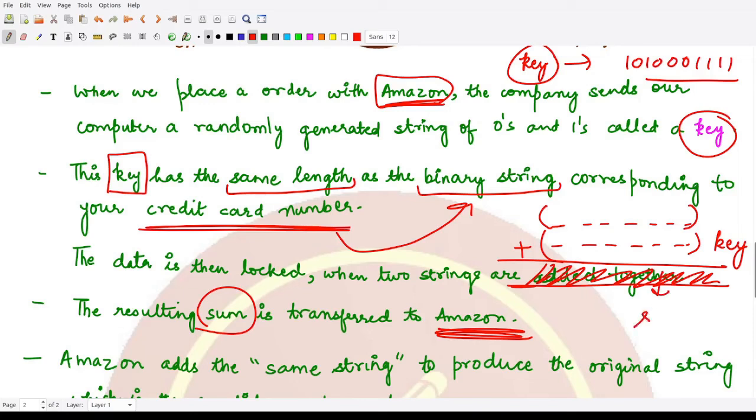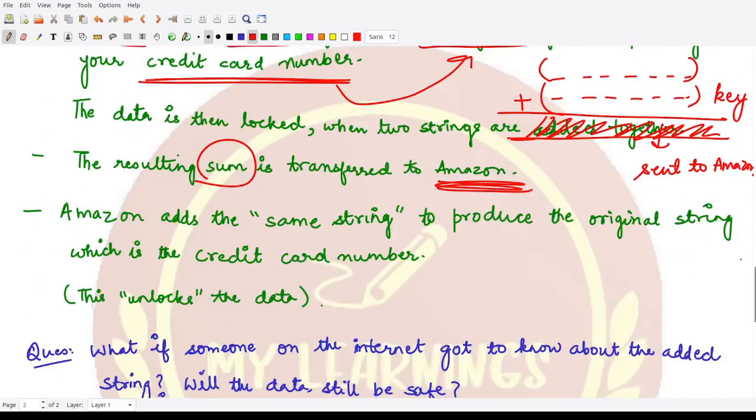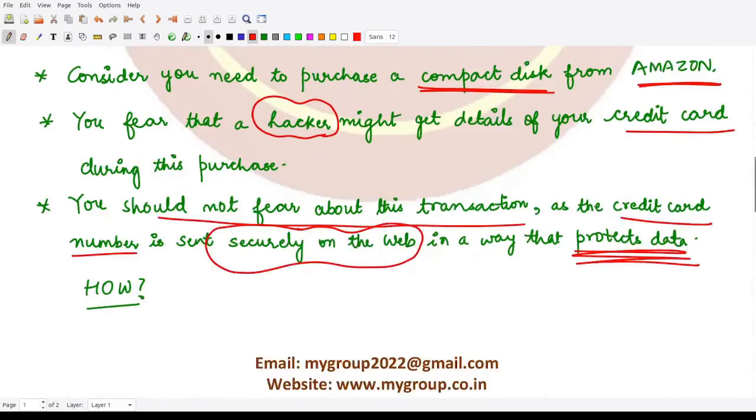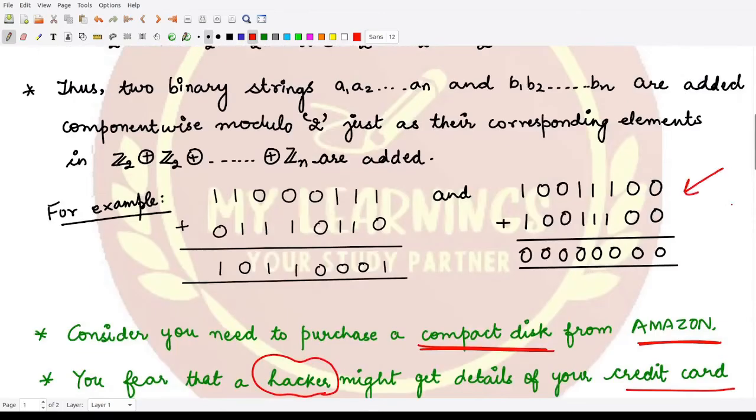that is sent to Amazon. So how does Amazon get back the original number? The original binary number is obtained when they add the same key to this answer, because when the same thing is added to the same thing, you get back 0.